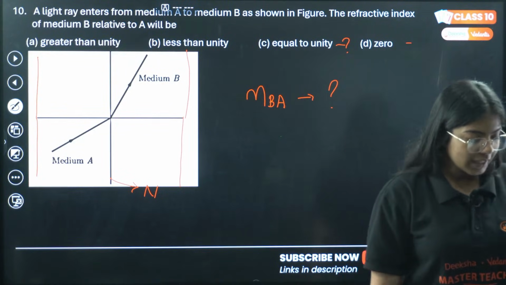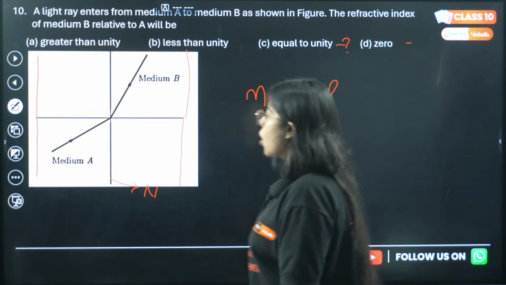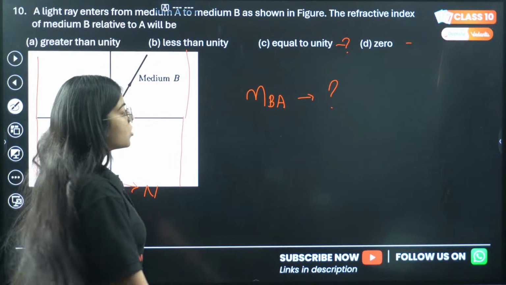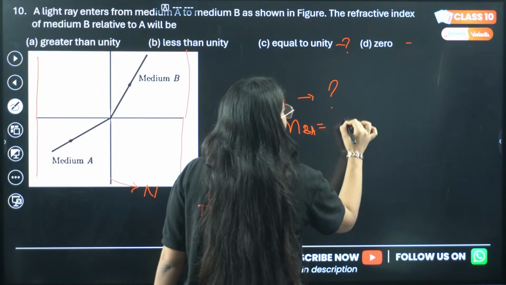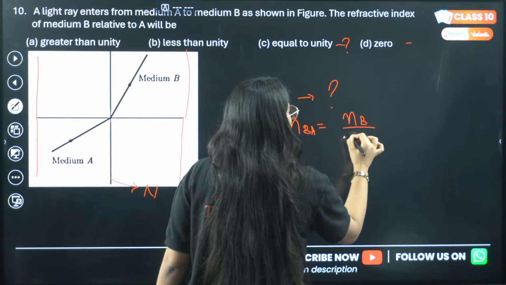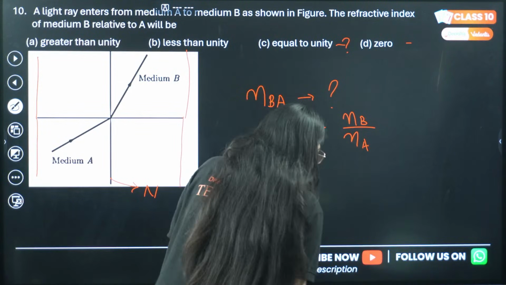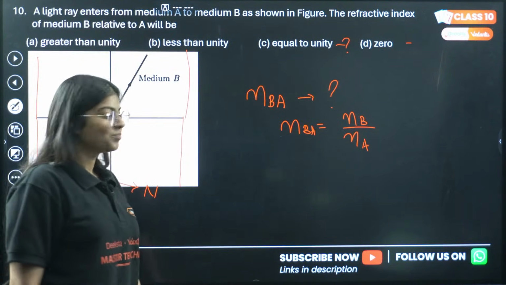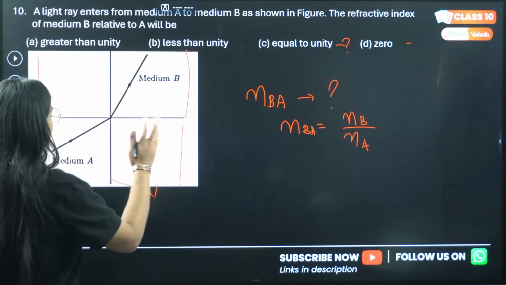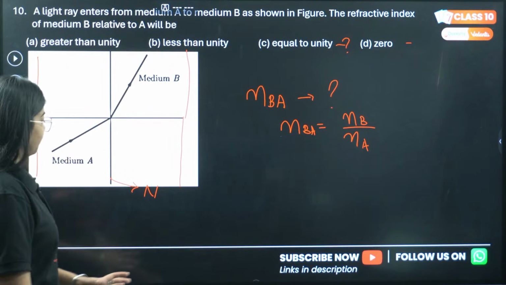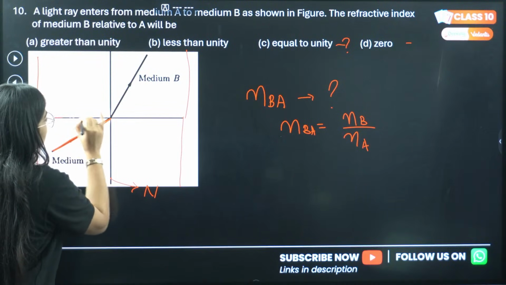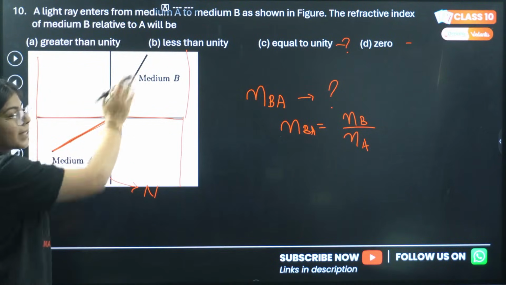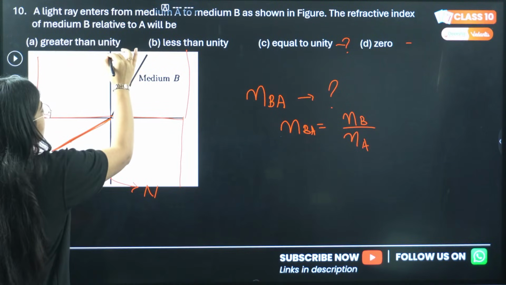Okay, let's see the answer. How do you approach this? So basically, n_BA will be the refractive index of medium B with respect to the refractive index of medium A. Now see what you have to see here carefully. This ray is going towards this change and the medium is getting changed. This is my normal.